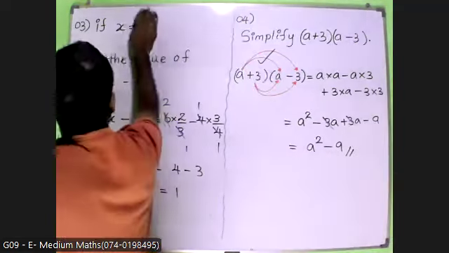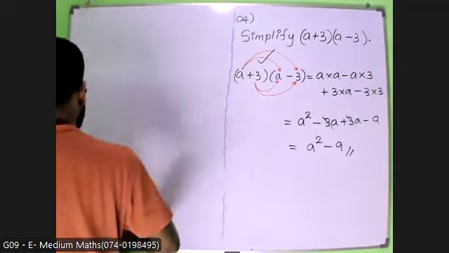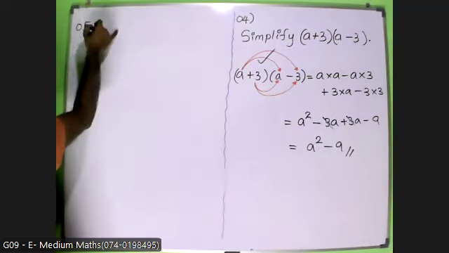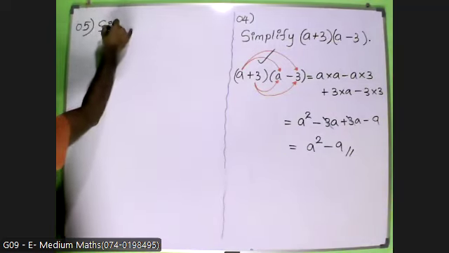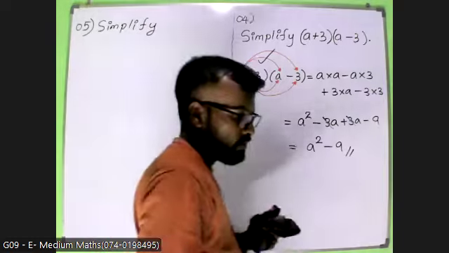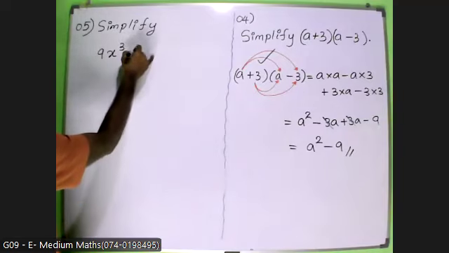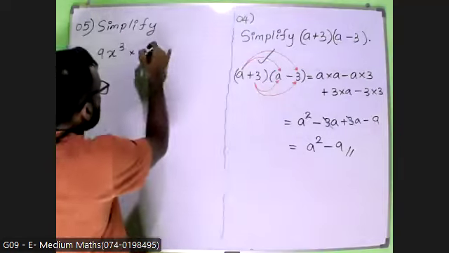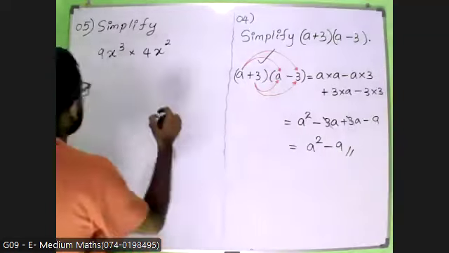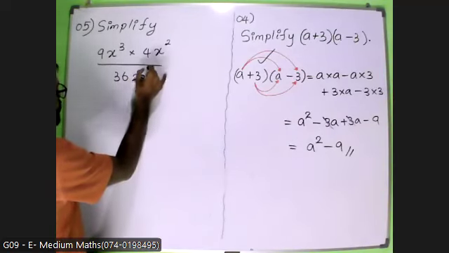Right. Fifth one. Simplify: x square divided by 36 x to the power 5.